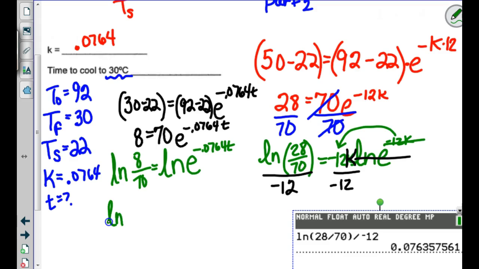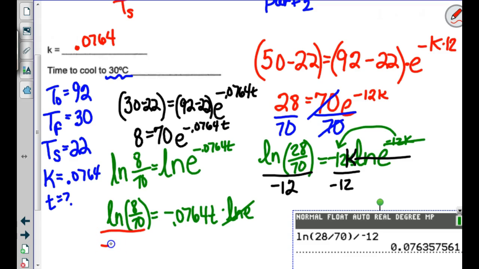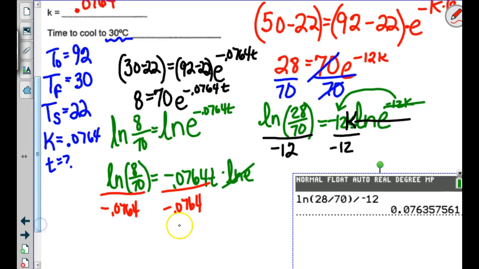So we have the natural log of 8 over 70 equals, this should come out in front, negative 0.0764 t times ln of e, which is just 1. So our final step is to divide by negative 0.0764. And find out how long it took from the time we poured this until it's down to 30.